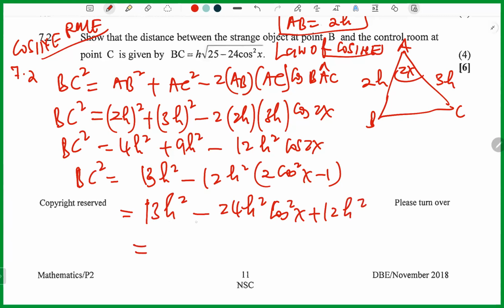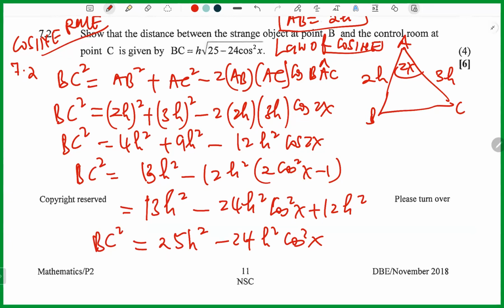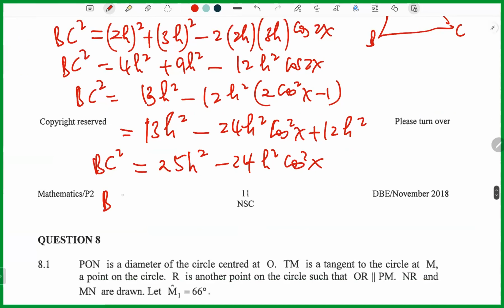And then you add 13 and 12h squared. It is 25h squared minus 24h squared cosine squared x, which is BC squared.